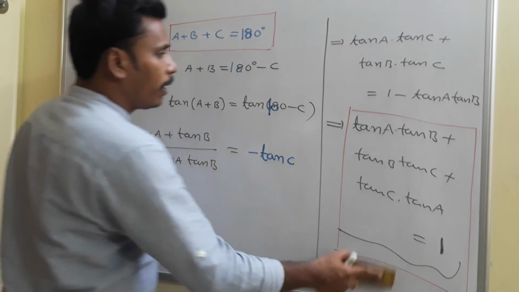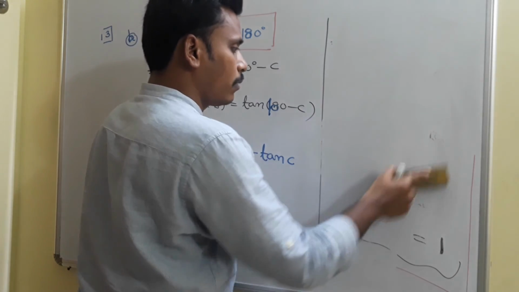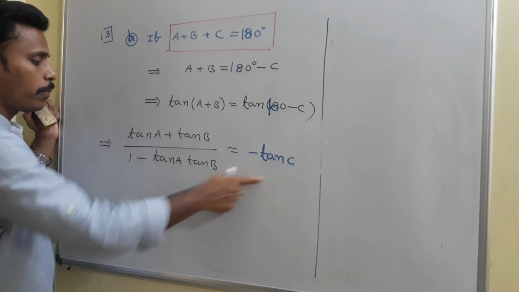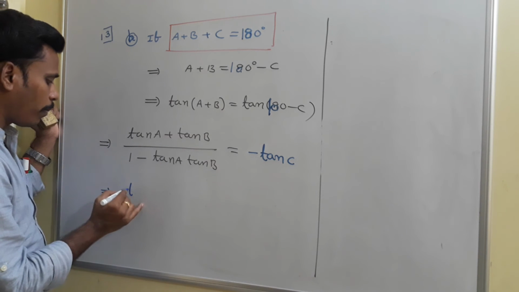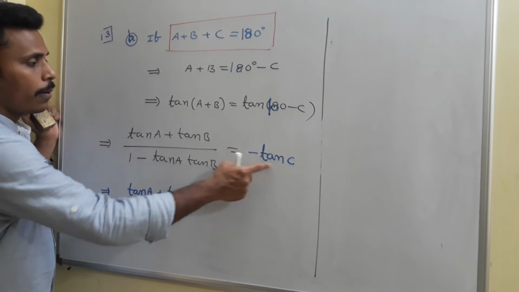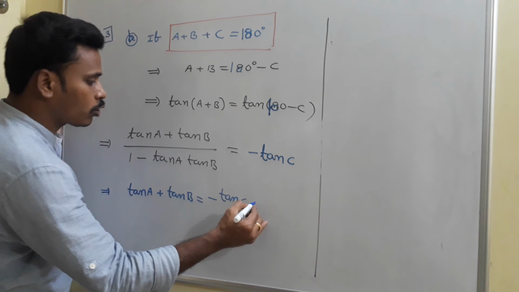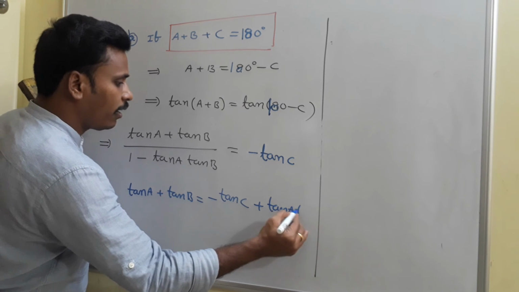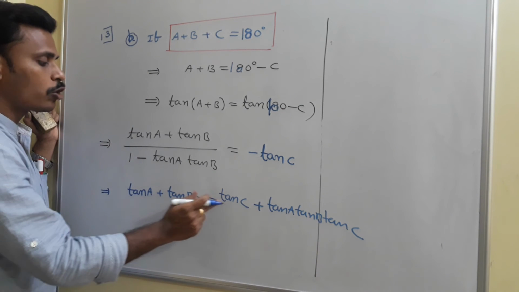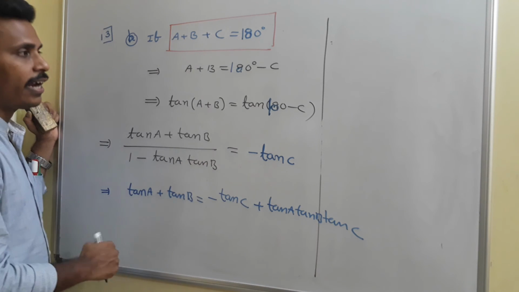Now tan A plus tan B by 1 minus tan A tan B is equal to minus tan C. Since I have that minus tan C, further how to do? You just do cross multiplication. What will happen? So that implies tan A plus tan B is equal to minus tan C into 1, which is minus tan C. Minus tan C into this minus of minus is plus tan A tan B tan C. So tan A plus tan B is equal to minus tan C plus tan A tan B tan C. And now if you send this minus tan C to this side, what will happen?